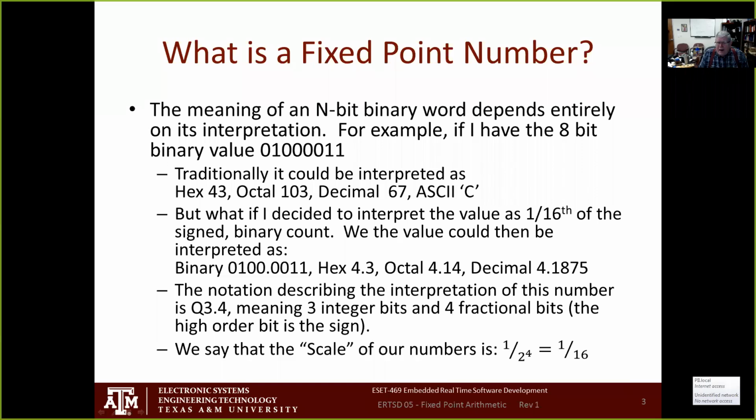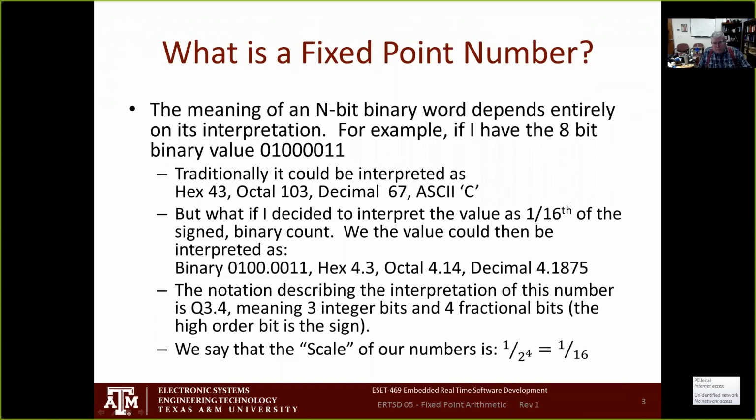Or I can just call it the ASCII character C. That happens to be a capital C. So what actually, did I put down a capital C? 67 actually is a lowercase c. It would be 47 to be a capital C.